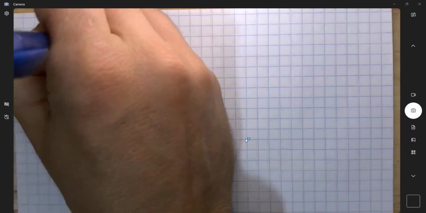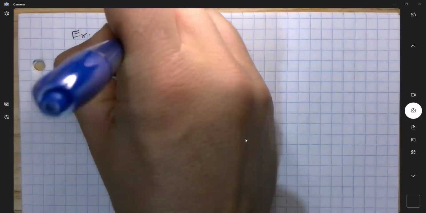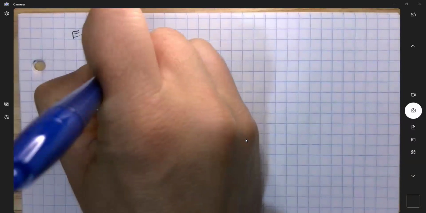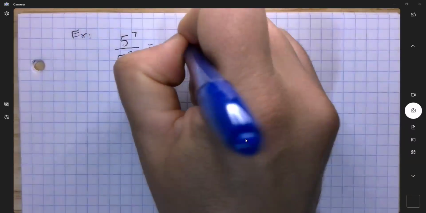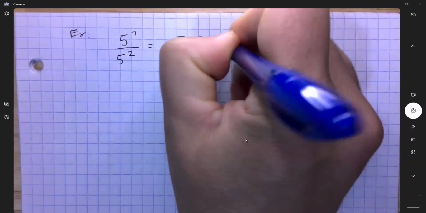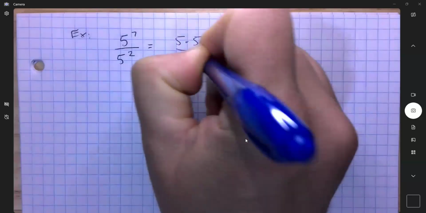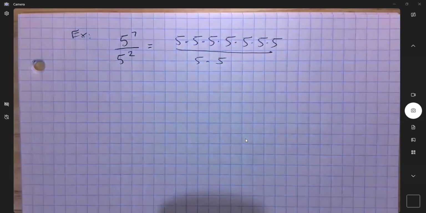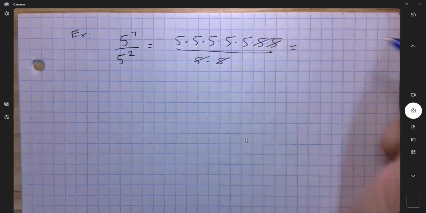Here's another one. If I take 5 to the 7th and I divide it by 5 cubed, well, because exponential notation is just repeated multiplication, I could write out that repeated multiplication. And the division tells me I get to do some cancellations.